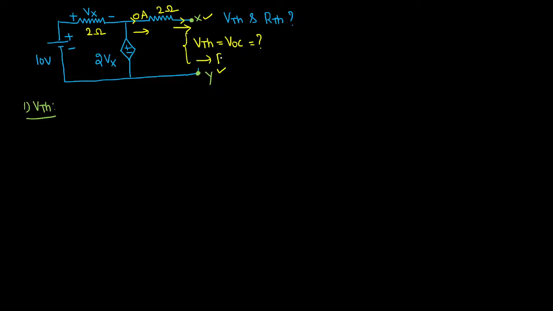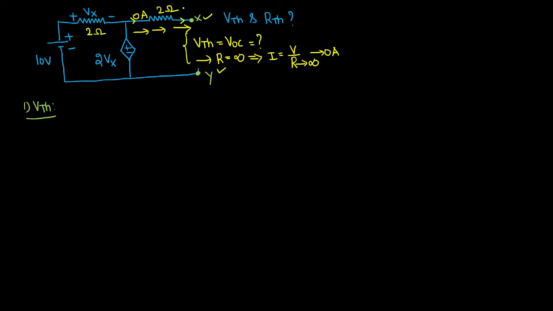The resistance offered by the open circuit is infinity. When the resistance approaches infinity, current I, being inversely proportional to resistance, has to approach 0 ampere. So the current through this branch is 0 ampere.